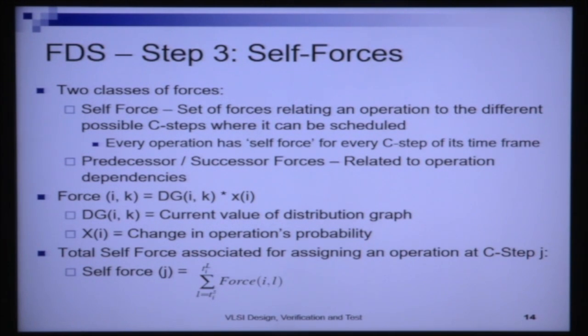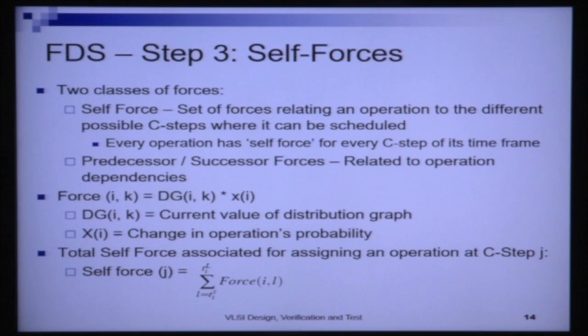So, how do we compute the force of operation I for a given type of resource? It is given by the distribution graph for resource K multiplied by the change in the operation's probability. DGIK tells me the current value of the distribution graph for resource type K, and Xi is the change in the operation's probability.